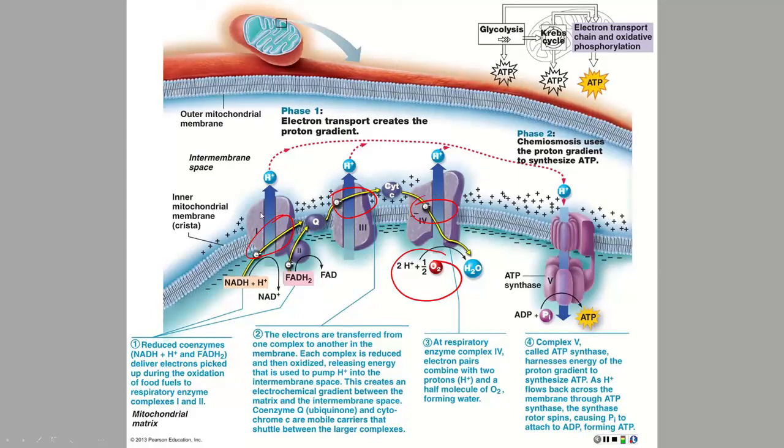And if this first protein gets full of electrons, then it can't pull electrons from the NADH and the FADH2. So NADH and FADH2 become occupied, they become full. So if they're full, then basically the electron transport chain stops.